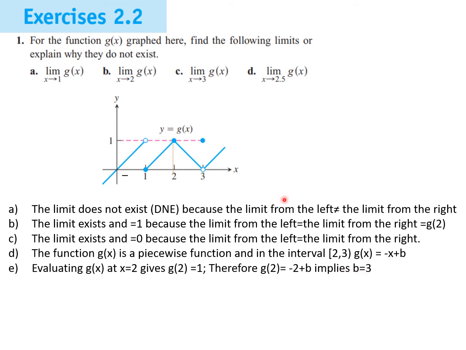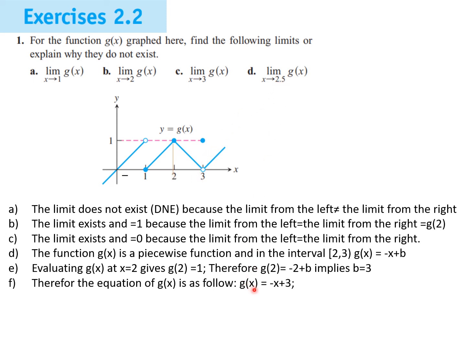Now that we know b equal to 3, the equation of g of x is g of x equal to -x plus 3, where 3 is the value of b. Now that we have g of x, the equation of the section between x equal 2 and x equal 3, we can evaluate the function at 2.5.